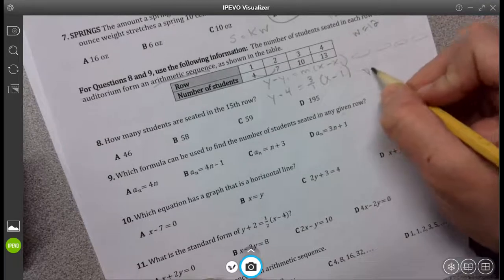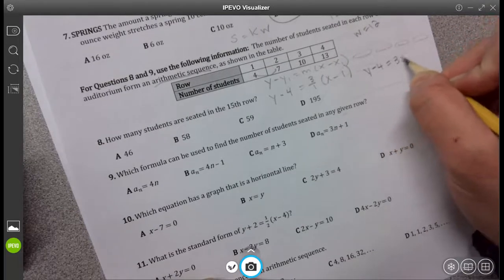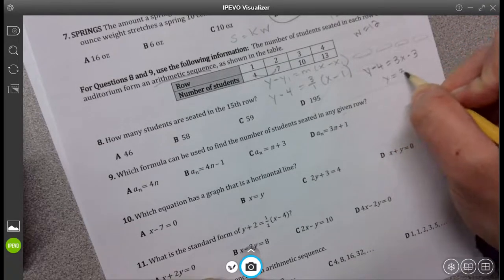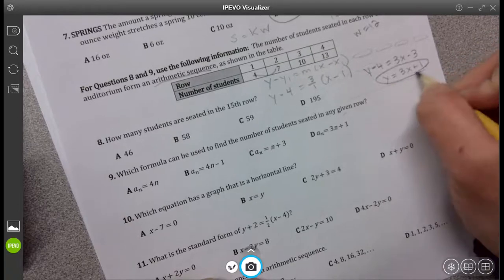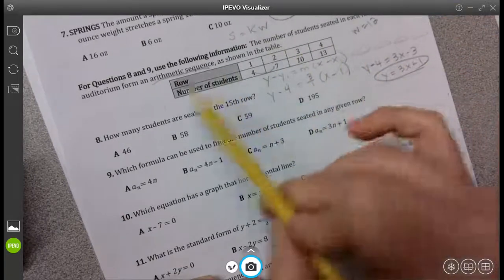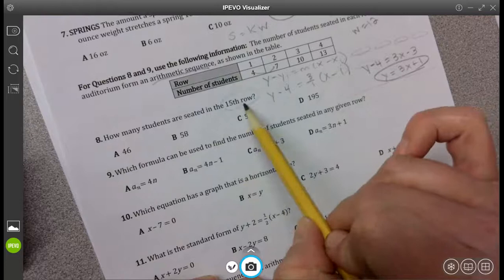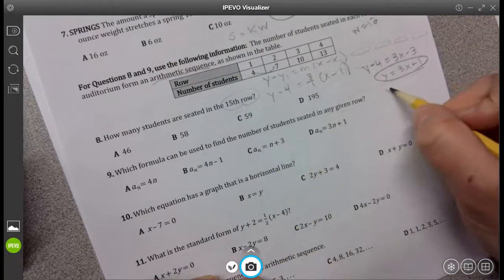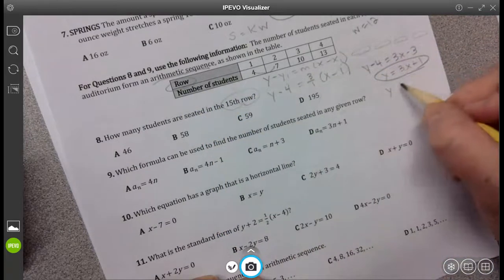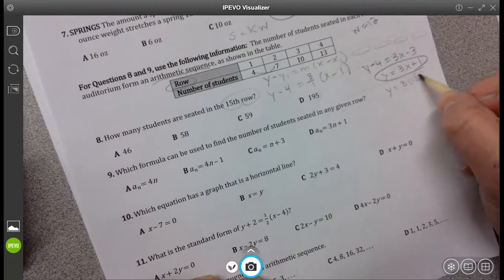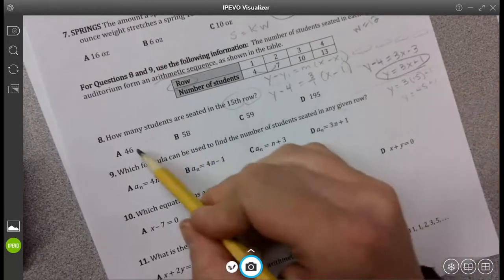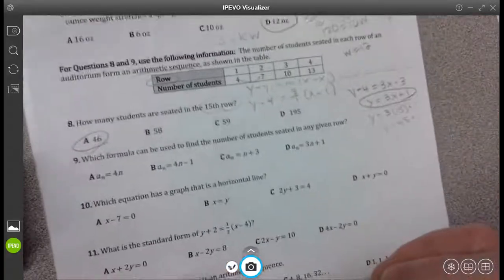So your equation is y minus 4 equals 3x minus 3. Add 4 to both sides. It says, what about the 15th row? So if I put 15 in for row x, that's 45 plus 1. That's 46.